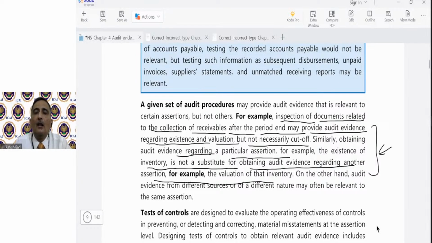So when the auditor is attending physical inventory count, he is employing a procedure to test the existence of inventory. He is inspecting the inventory to know about the existence and condition of the inventory, but he doesn't get anything about the valuation of inventory by simply attending the inventory count process.